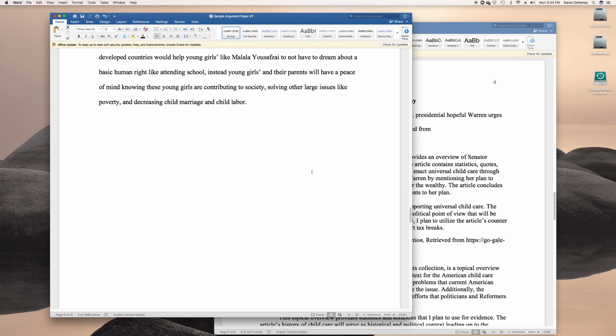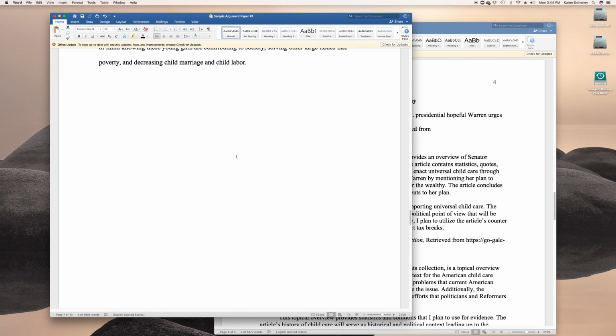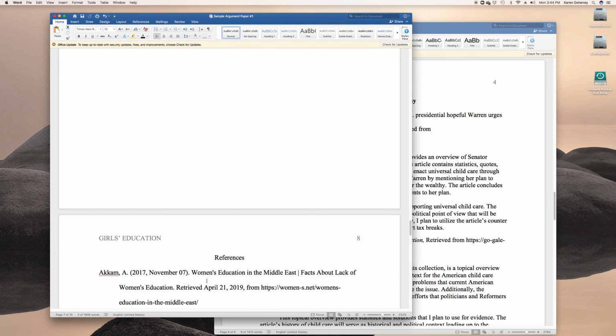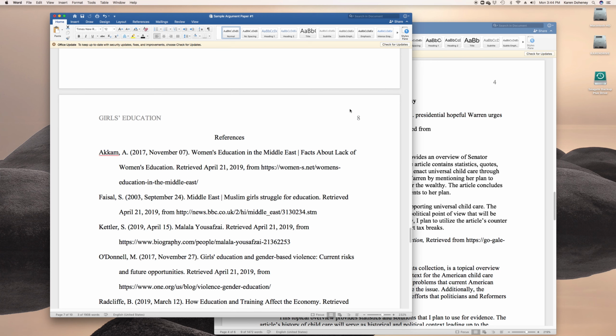So you might have used sources on your annotated bibliography that you thought you might use, and then later decided, oh, I have 8 sources here, I don't really need 8, I'm just going to use 7, or I'm just going to use 6. Remember, you can't use fewer than 6 sources. So if you don't cite a source in your argument paper, you would not include it on the references. So that's a little bit of a difference from the annotated bibliography to the references.